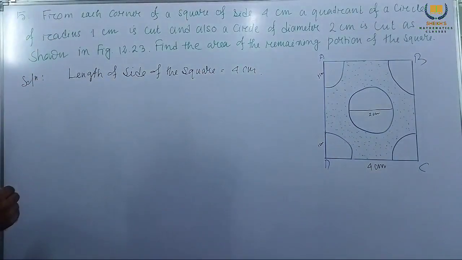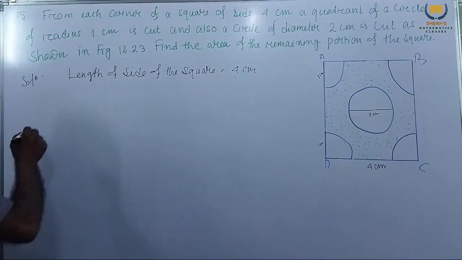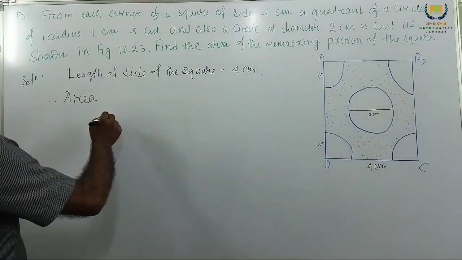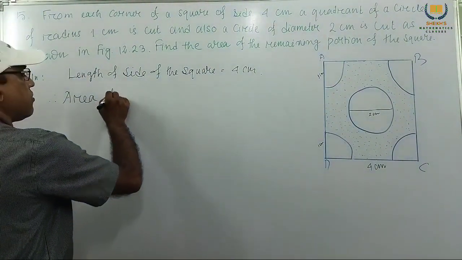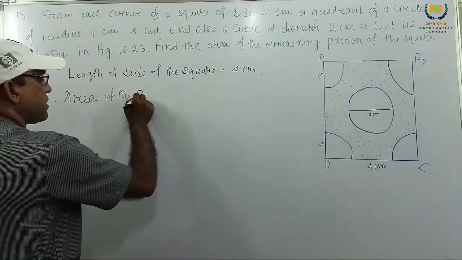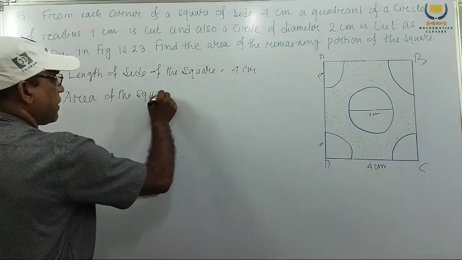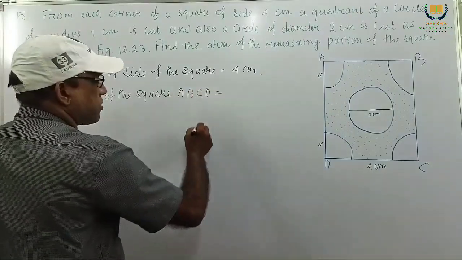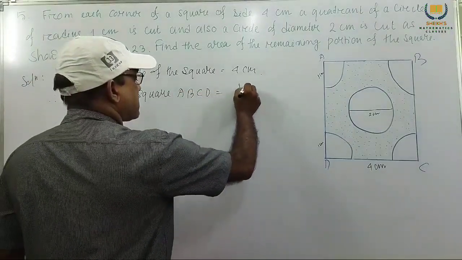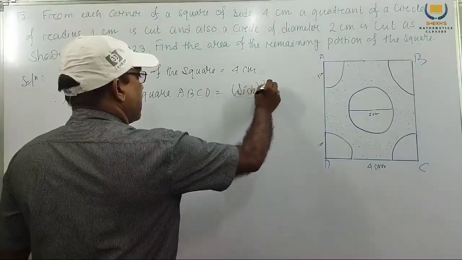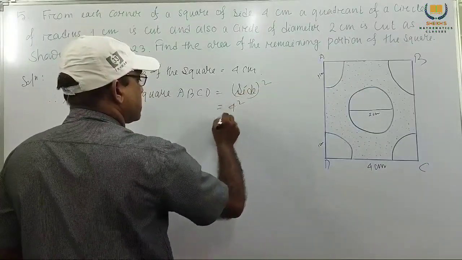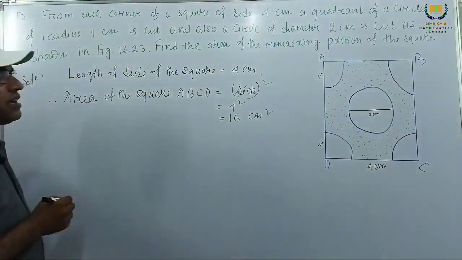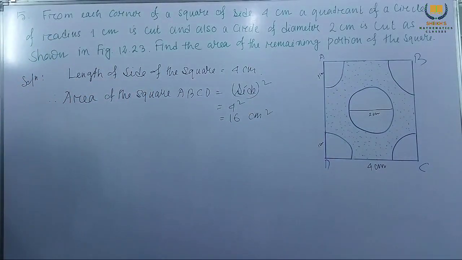Therefore, area of the square ABCD equal to side square. Our formula is side square, and this is 4 square, which is 16 centimeter square. This is the area of the square.